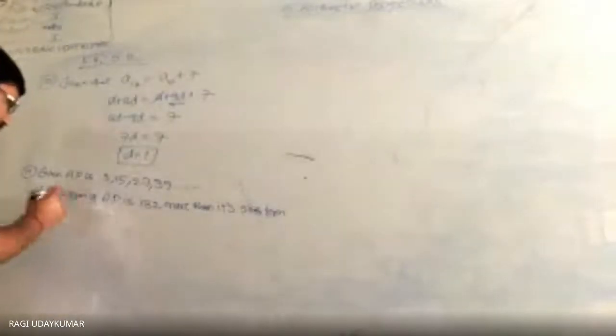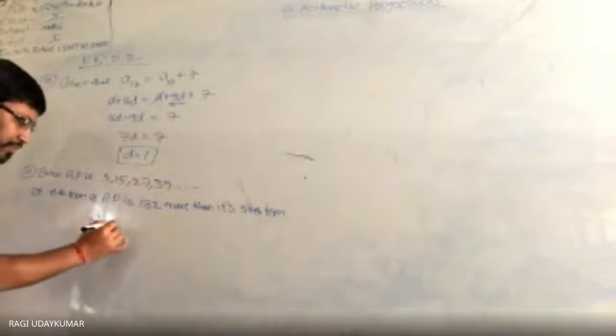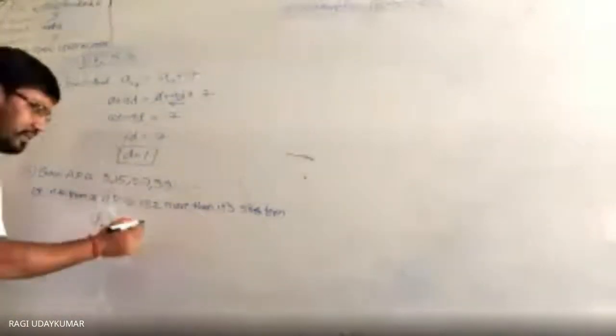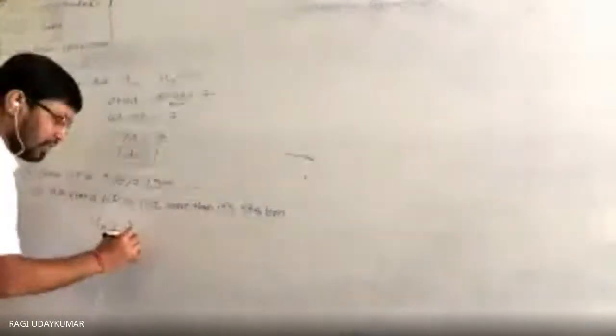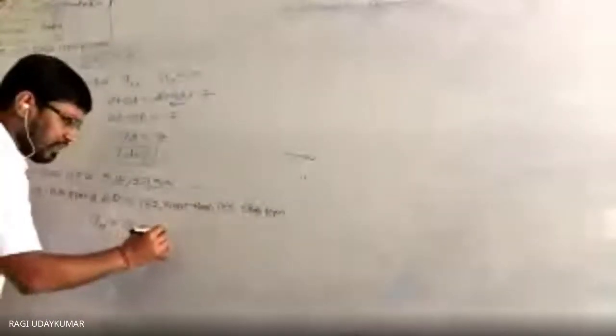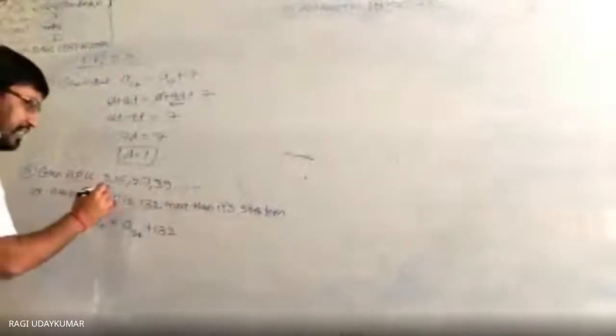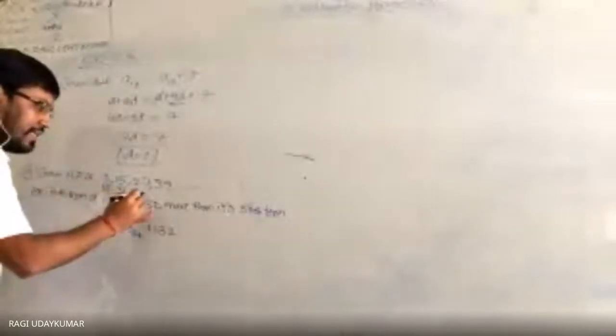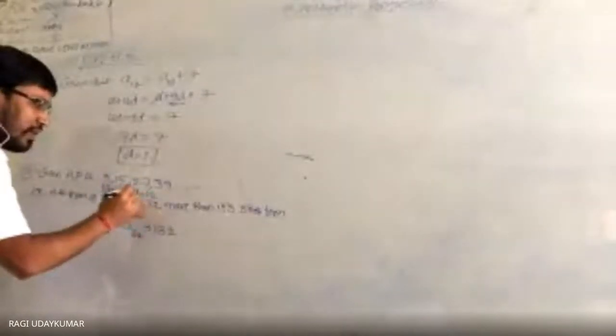So now what do you get? The nth term is nothing but an. an will be equal to the 54th term, a54, plus 132. So here in the given arithmetic progression, a is given to you as 3, and d is equal to 15 minus 3, that is 12.